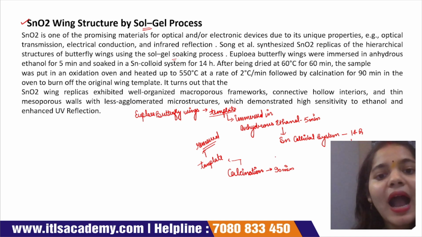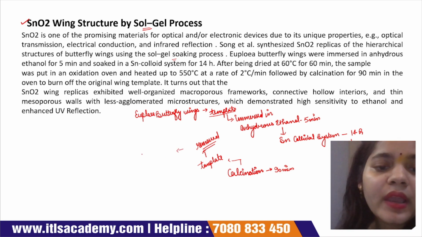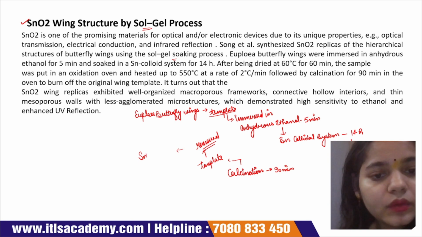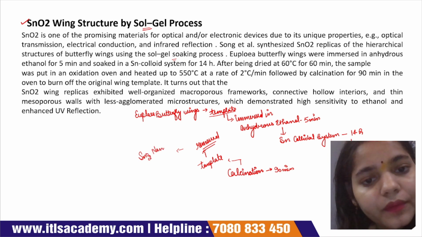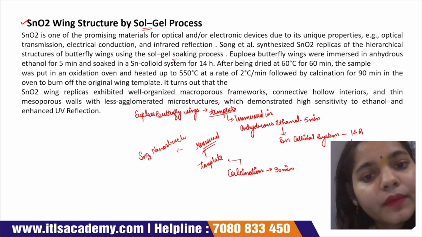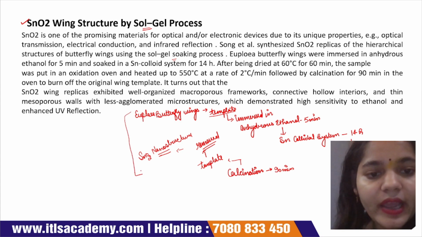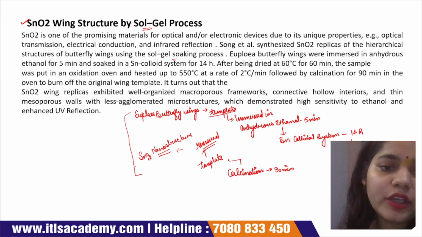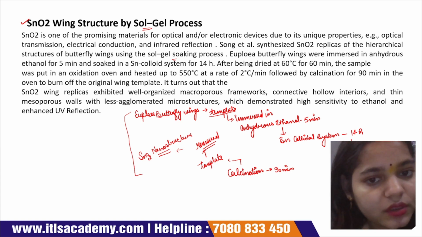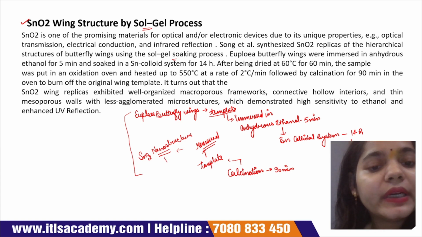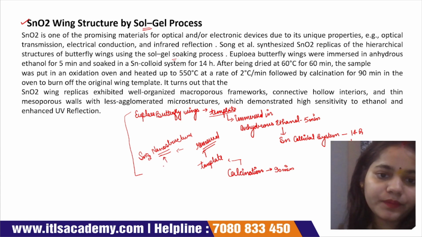This is the sol gel process. By the help of this we produce and create the wings structure, and this is a biomimetic nanostructure.